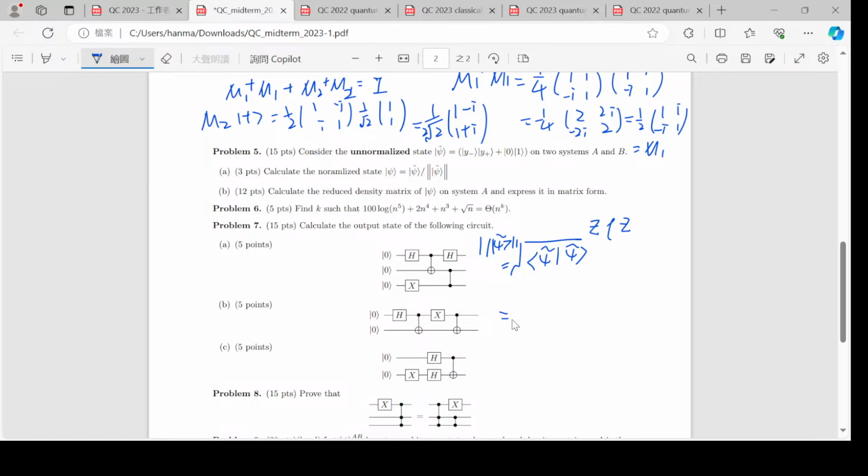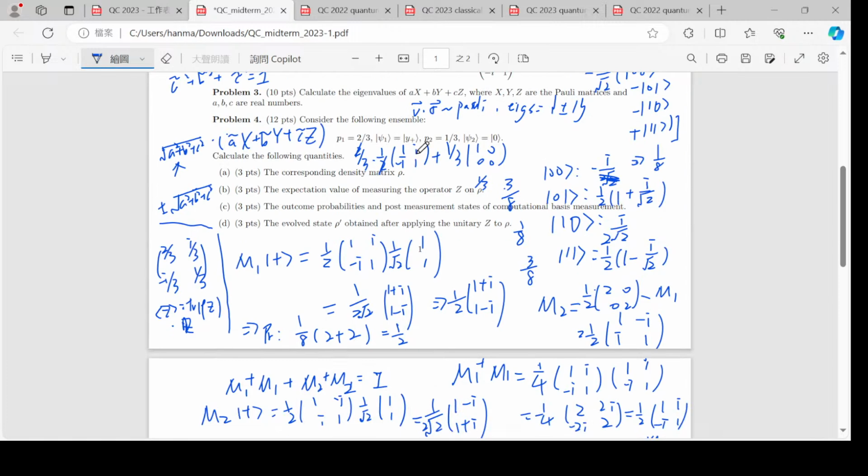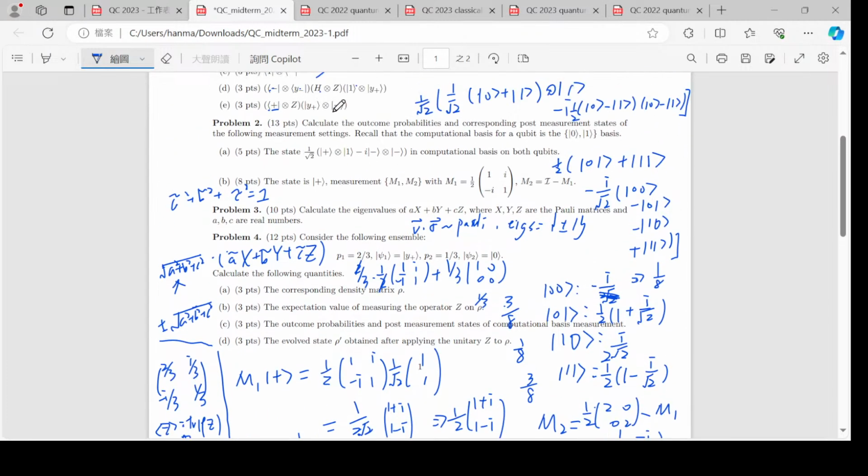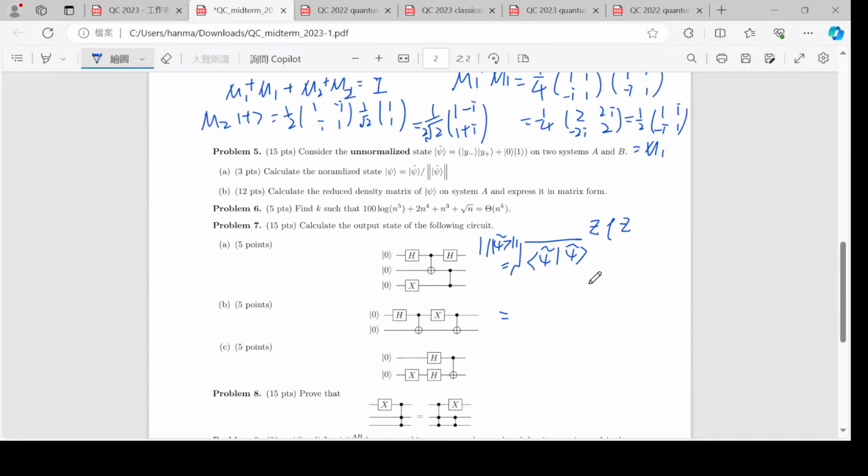And I guess there are multiple ways to do this. You can do the inner product with itself, or you can just write everything in computational basis states and calculate the coefficients. That's a little similar to this thing. But let's try the inner product with itself.